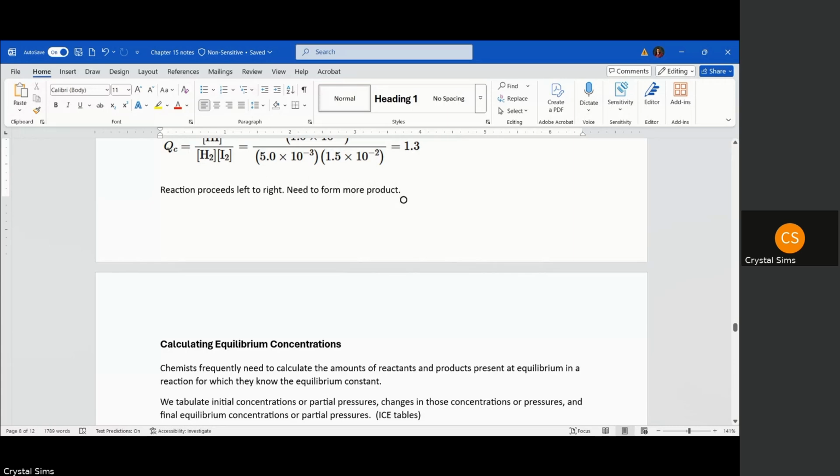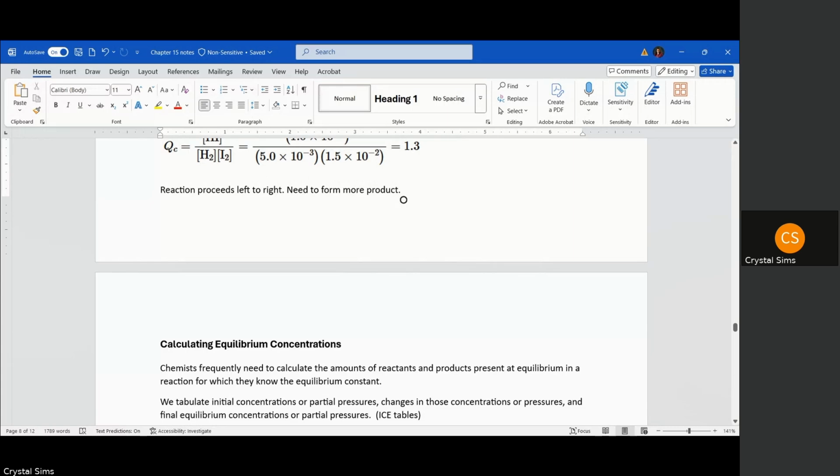So let's look at an example here. We're going to come back to the Haber process. And now let me just say this. You won't always have to use an ICE table for these. Look at the information that you're given. Don't try to force it into an ICE table if you don't need to.